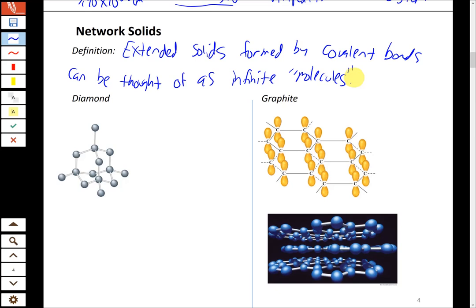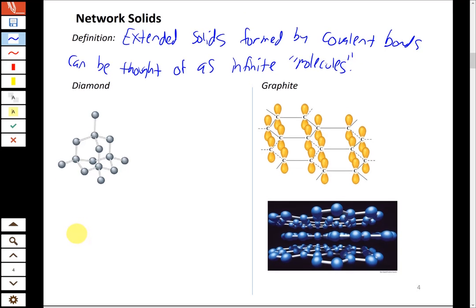We'll talk first about network atomic solids. These are network solids that have just a single type of atom, so they're elements. One element that is a great example of this is carbon, which has 2 forms that would be classified as network atomic solids, or network solids is the simpler name for that.